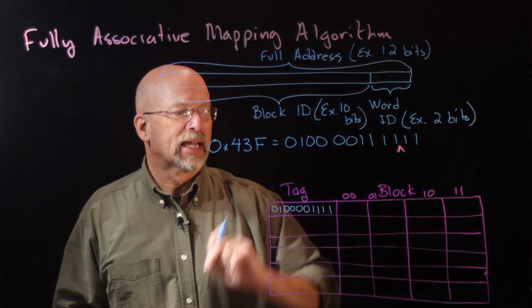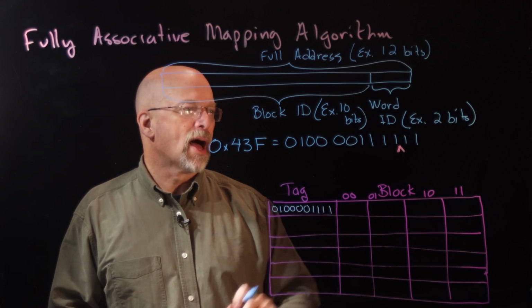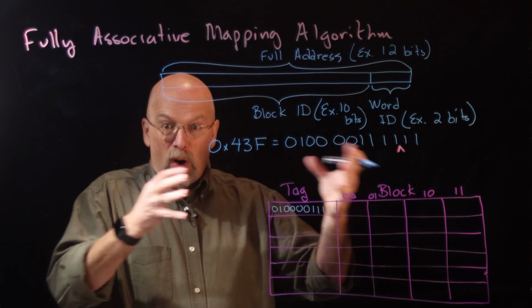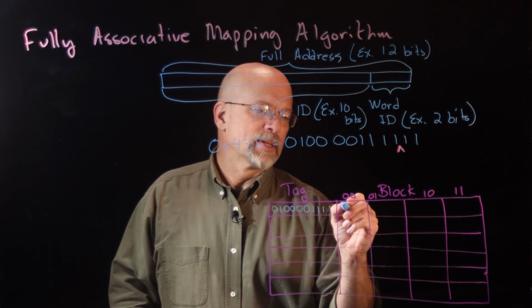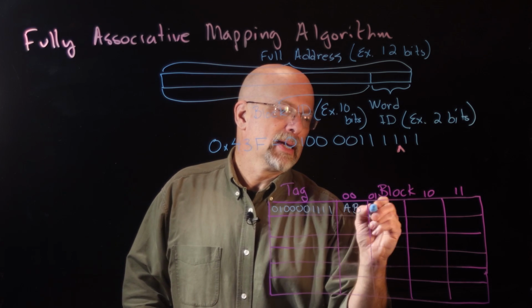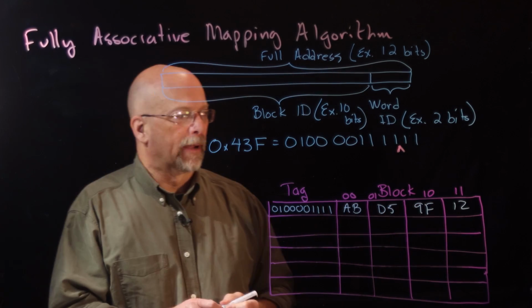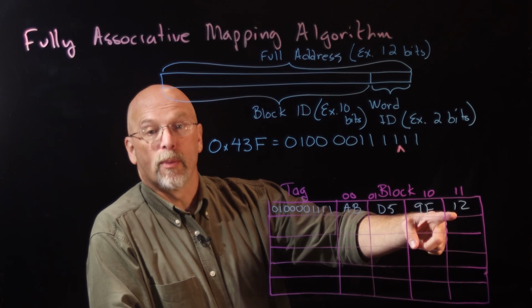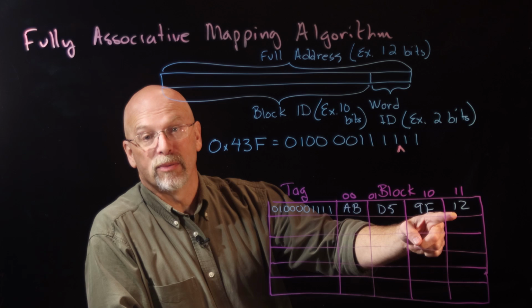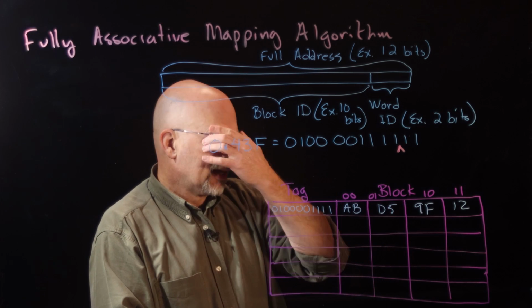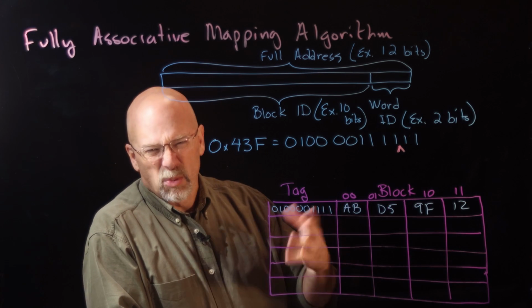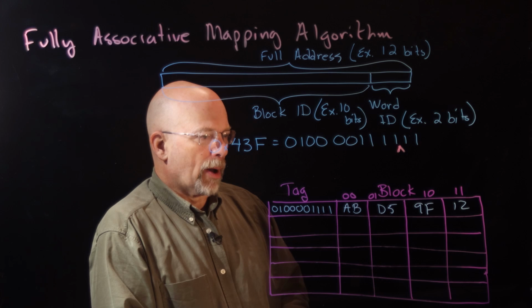There's the tag that is associated with that block. And then the 4 elements, and I'm just going to make up 4 elements. Let's just say AB, D5, 9F, 12. Now the 12 is actually what we were looking for. That's the value that was being returned. But we also brought its buddies because we knew that they probably would be needed.